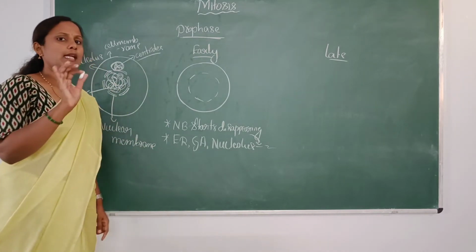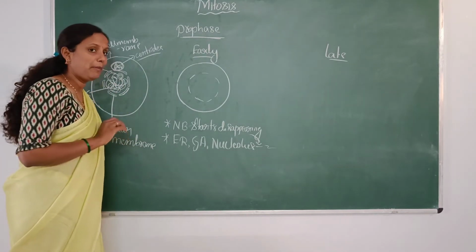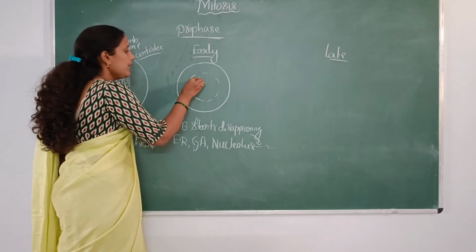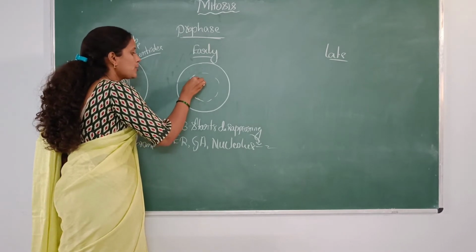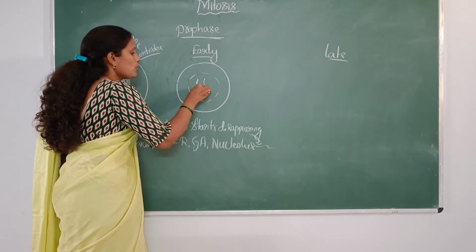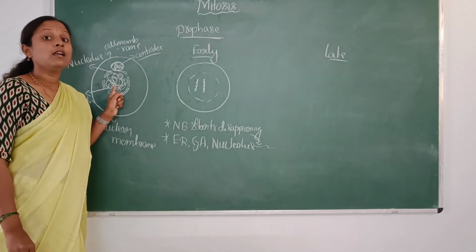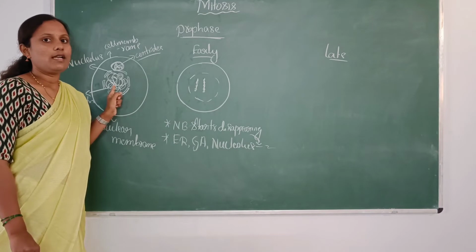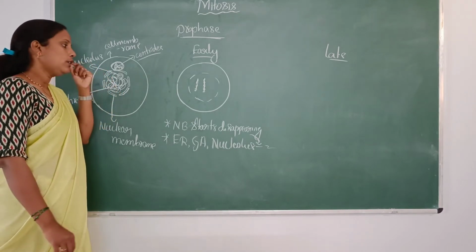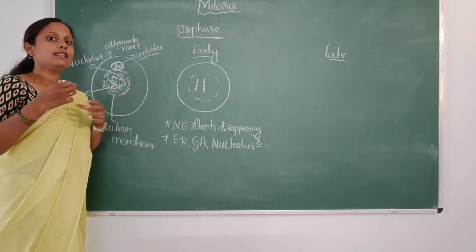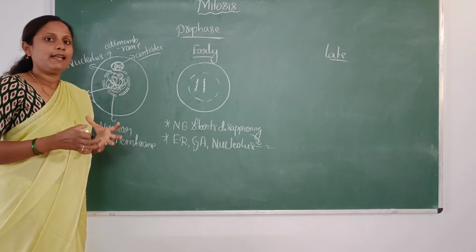And the one major event which is taking place here is the condensation of the chromosomes. I told you the DNA will be present in a network and we call it a chromatin network. That chromatin network will start condensing.